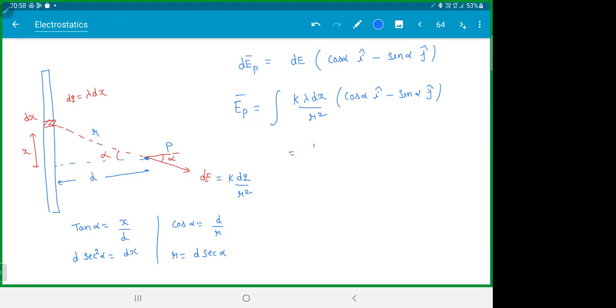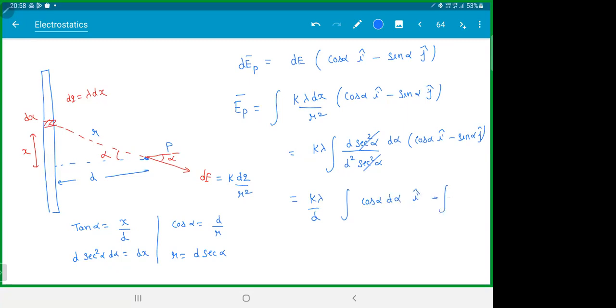Substitute everything here: k lambda integral of dx, which is d secant square alpha d alpha, by r square, which is d square secant square alpha, times cos alpha i cap minus sin alpha j cap. Secant square cancels off. You actually get a good integration: k lambda by d integral of cos alpha d alpha i cap minus sin alpha d alpha j cap.